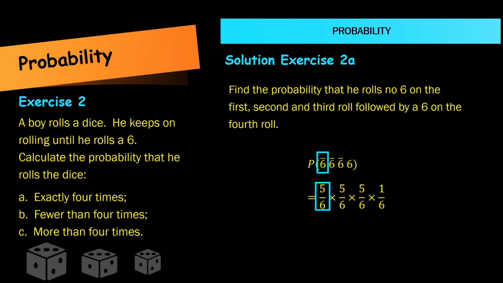And this probability is 5/6 times 5/6 times 5/6 times 1/6. This is equal to 125 divided by 1296.